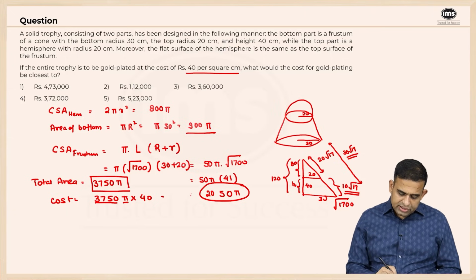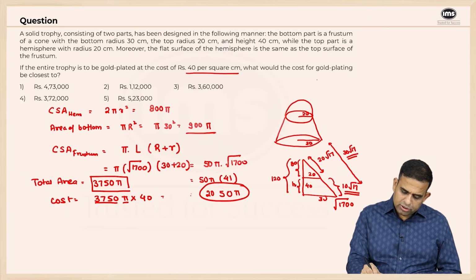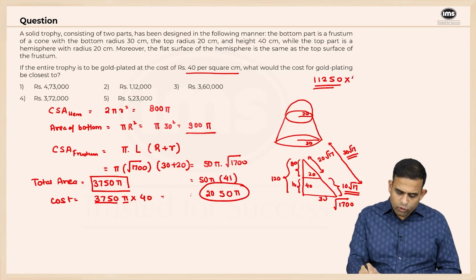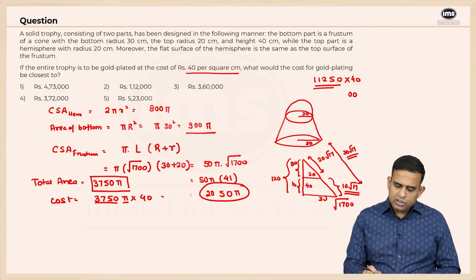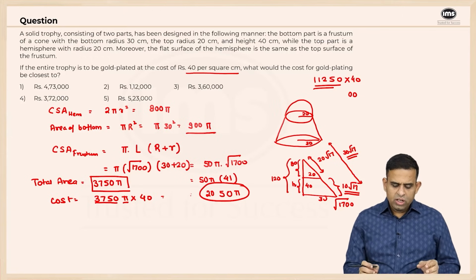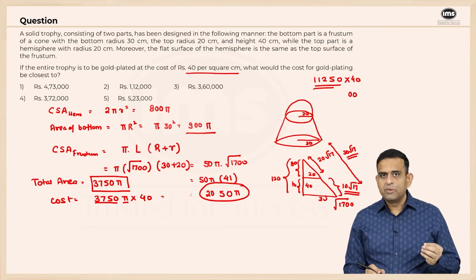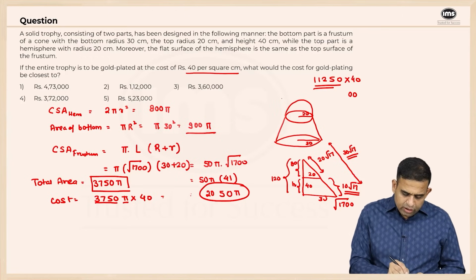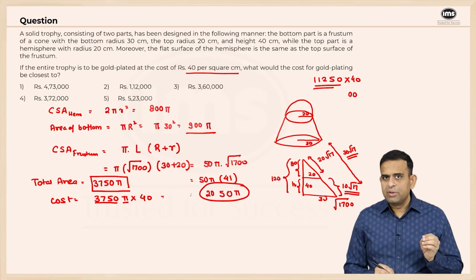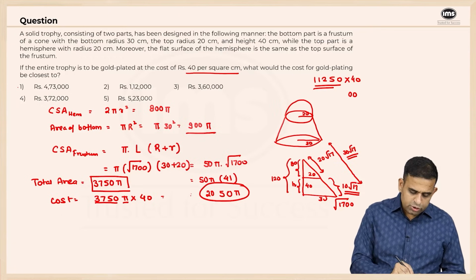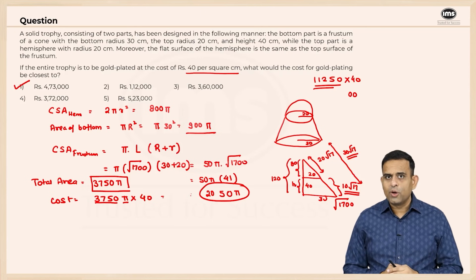So 3750 into 3 will approximately be 11250, and if I want to multiply it by 40, 2 zeros in the end, so 1125 into 4 is not even going to be 5000 for that matter. So the answer definitely has to be more than 4 lakhs but less than 5 lakh. If I look at the options, I should choose to mark option number 1 as the required answer for this question.